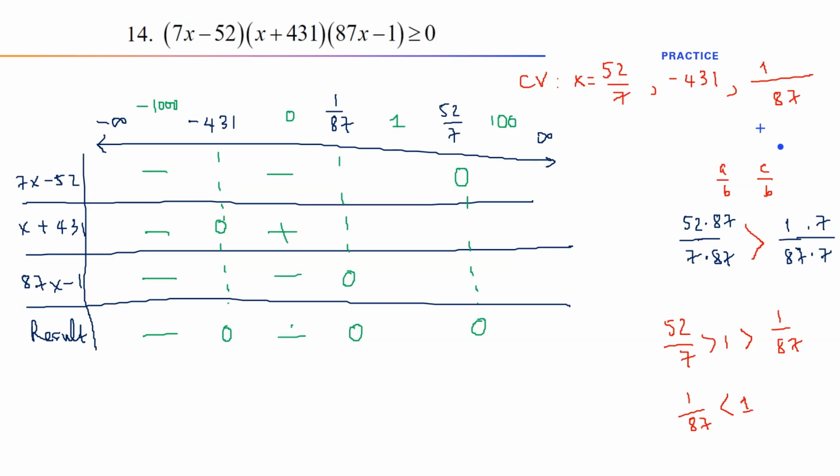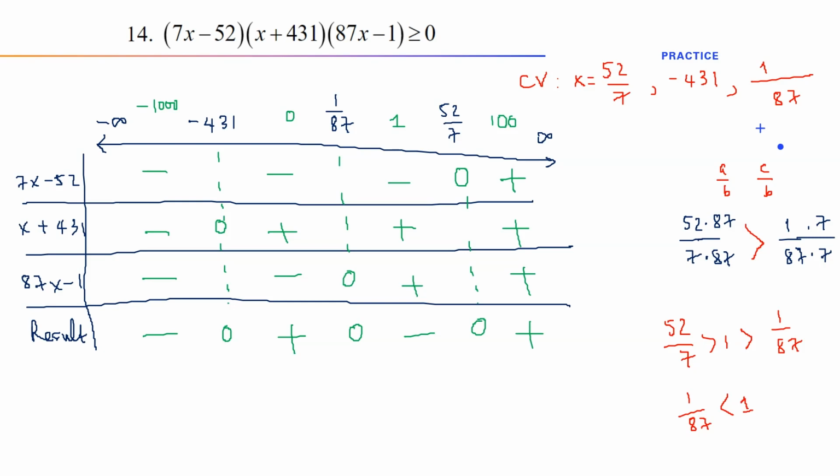So make it positive because we have two negatives, an even number of negative signs, and positive, so that will be positive. So now 1, that will be negative. On the next one, 1 plus 431, positive. Positive, that will be negative. 100, 700, subtract 52, that makes it positive. 100, make it positive, and of course it's positive.